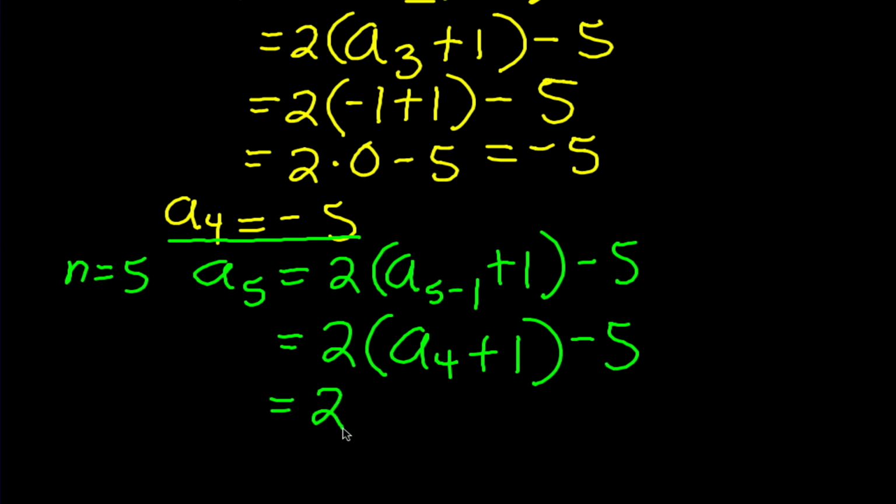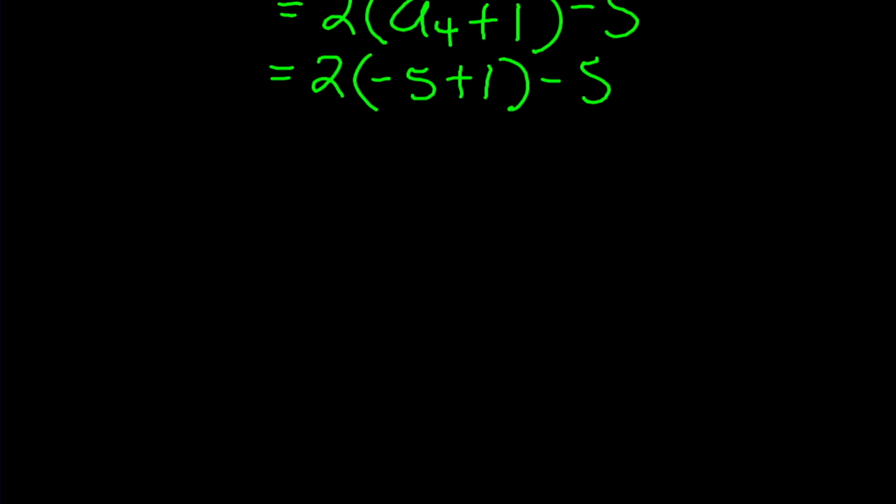So that's equal to 2 times, remember my a sub 4 was negative 5, so it's going to be negative 5 plus 1, subtract 5. So that's going to be equal to 2, and then I do what's inside the parentheses, do an order of operations. So that's going to be 2 times a negative 5 plus 1 is going to give me a negative 4, and then subtract 5 from that.